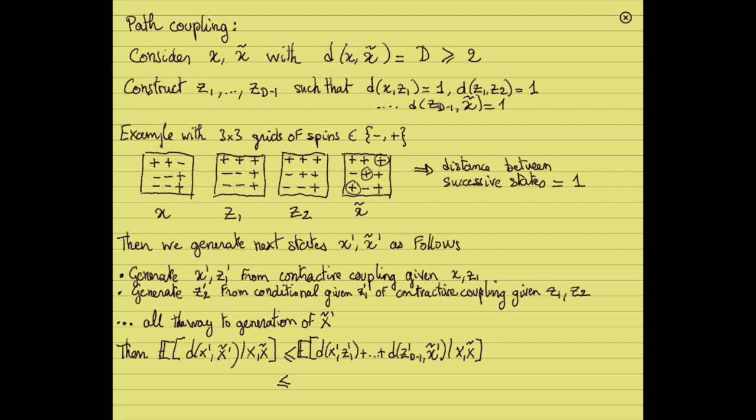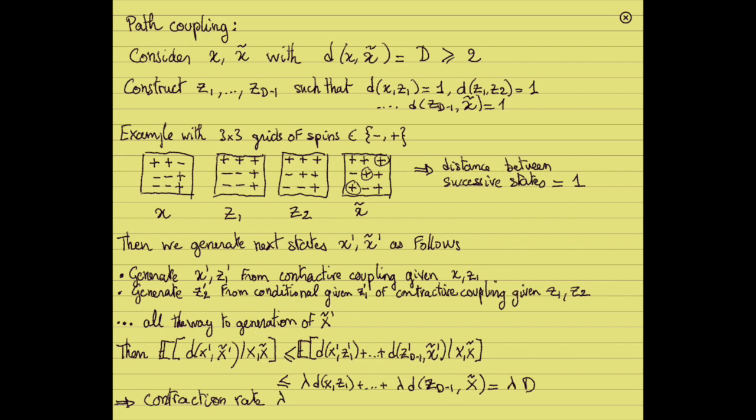And then by the linearity of the expectation and the fact that we have a contractive coupling from adjacent states, we have a lambda contraction in front of all of those distances. So now we have a sum of lambda times the distance between the successive states at the previous step. And of course, by definition of this sequence, this is equal to lambda times d, the distance between X and X tilde.